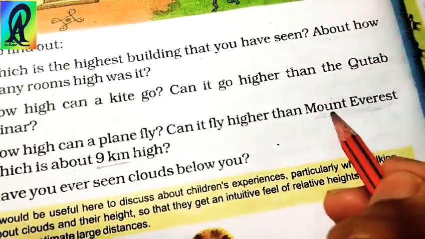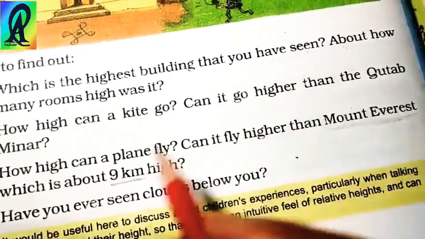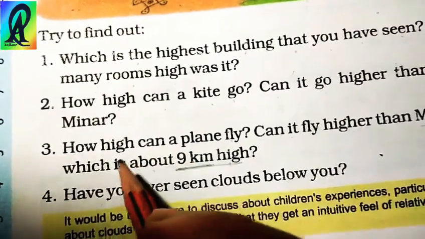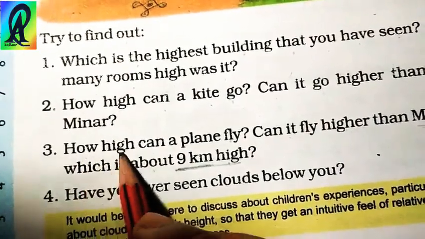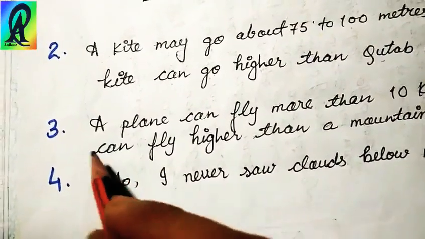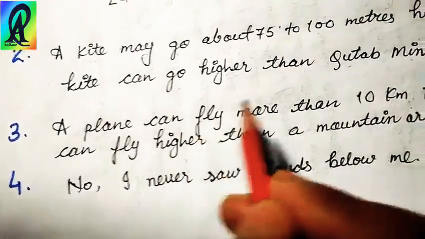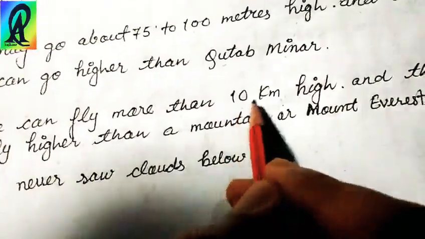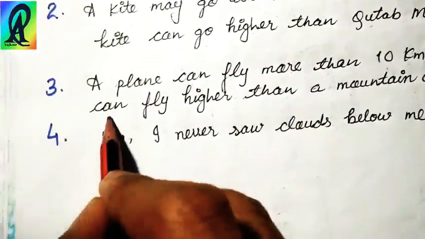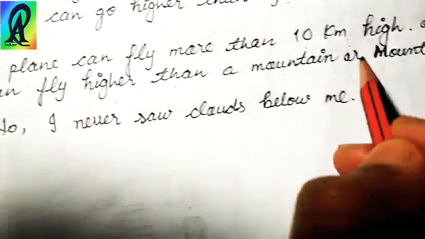Now think about it. How high can a plane fly? The answer of the question is, a plane can fly more than 10 kilometers high, and this can fly higher than a mountain or Mount Everest.